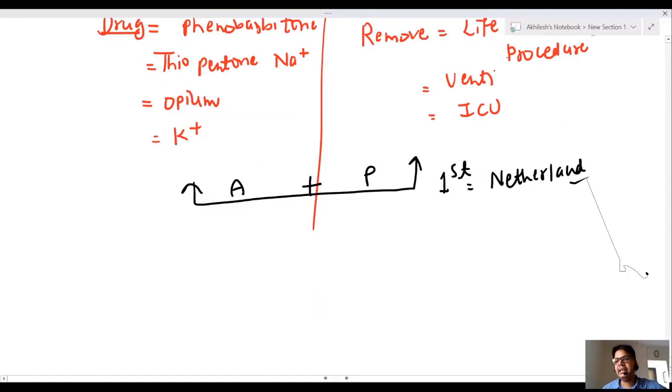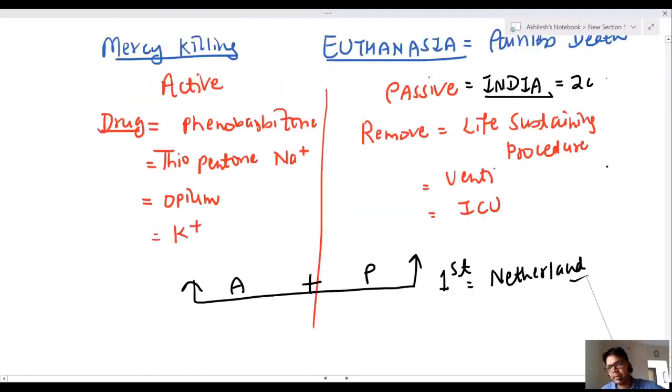In India, passive euthanasia got legalized only in 2015.